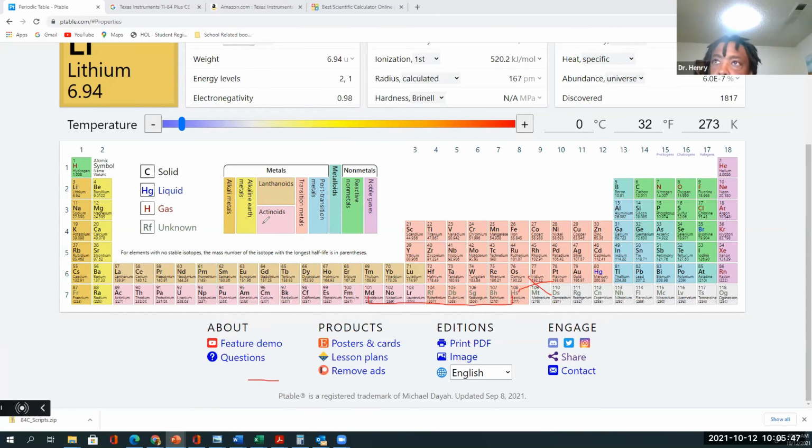Can you guys see my periodic table? Period 3, group 17. Okay, so we have Cl. So let's do it the long way. We're going to start off where?